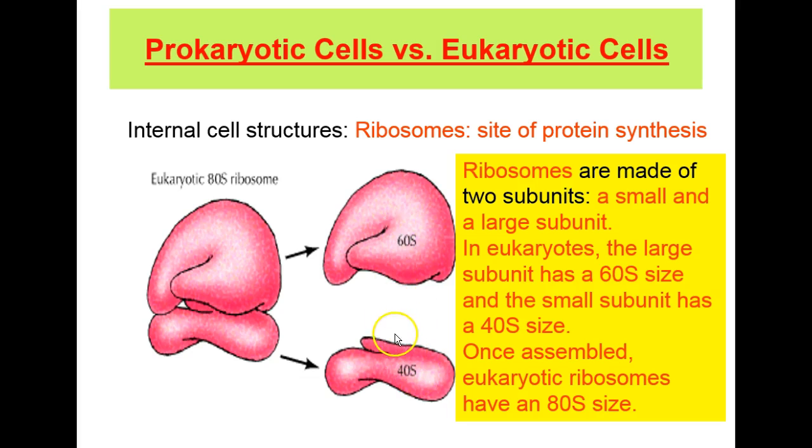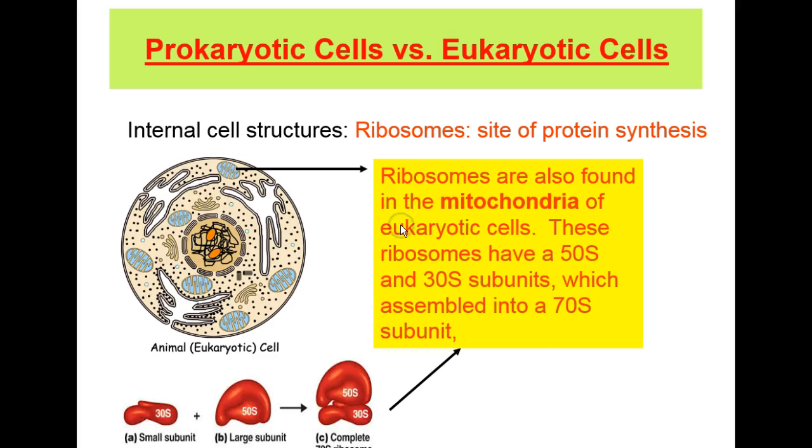Once these two subunits are assembled together, the entire ribosome will have 80 Svedberg units of size. Svedberg units are units made to measure ribosomes depending on their sedimentation rate, their molecular weight, shape, and other criteria.